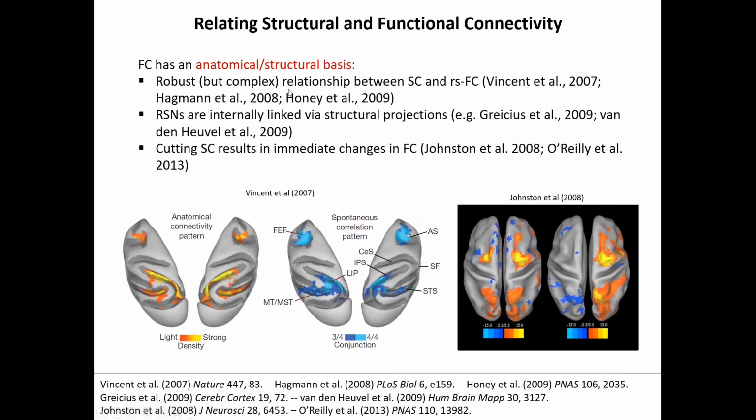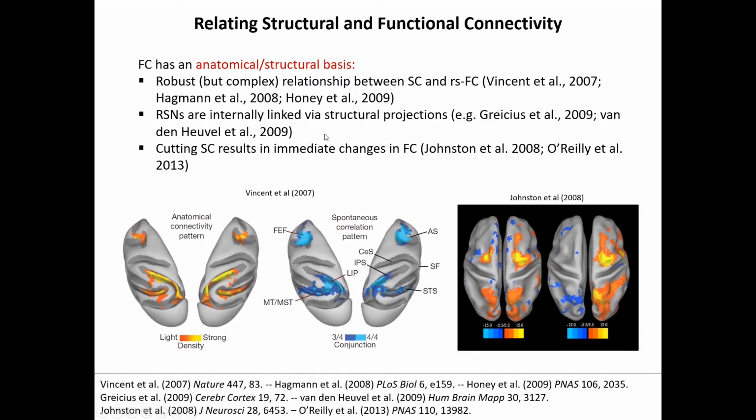We observed a strong, robust, but not entirely simple relationship between structural connectivity and resting state functional connectivity in studies that compare the two in animals, in the macaque monkey shown below, and also in humans in our own work with Patric Hagmann and Chris Honey.